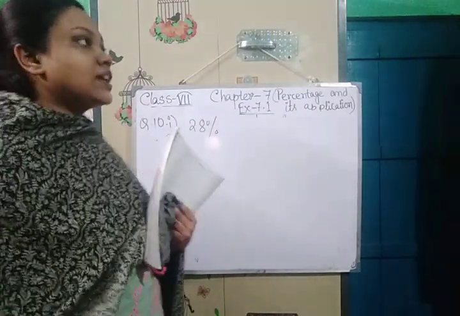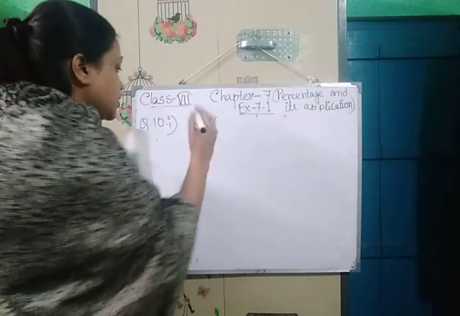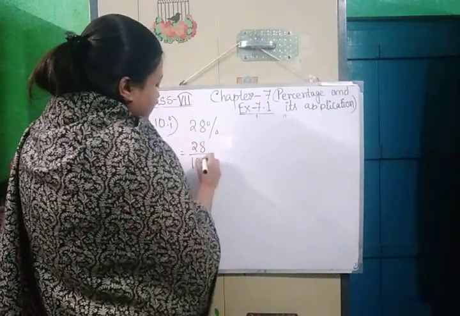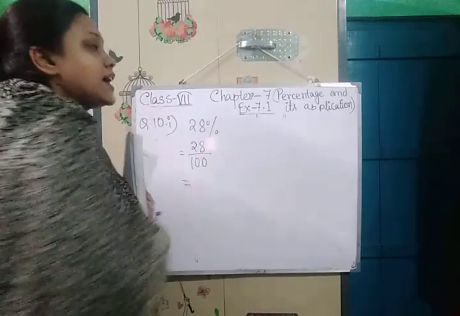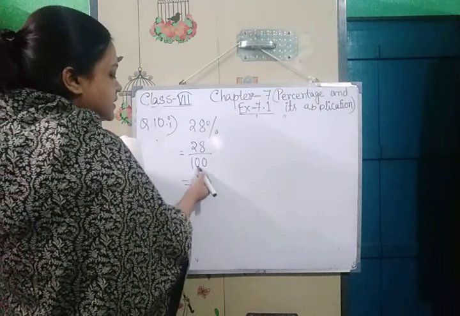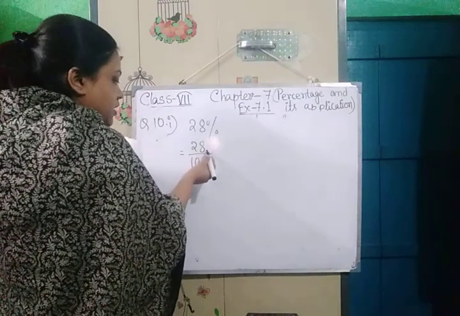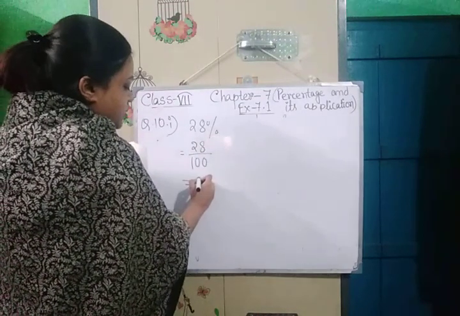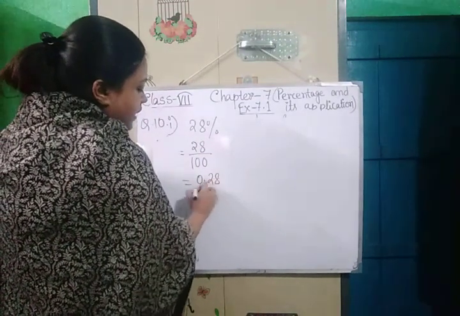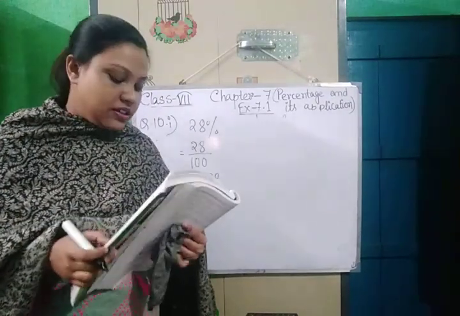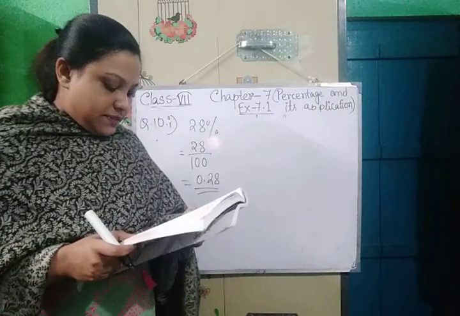First we will write it as a fraction. 28% means 28 by 100. Now we will write it as a decimal. Fraction to decimal, how can we find out? How many zeros are there? 2 zeros. So the point will come from here to here, 1, 2 places. So 0.28 is the required decimal. 28% means 0.28. Okay.